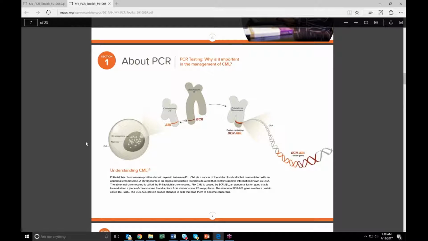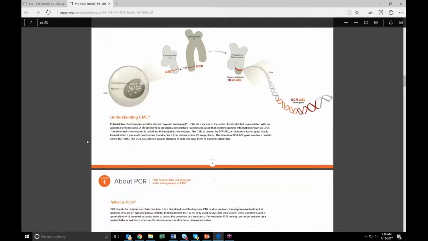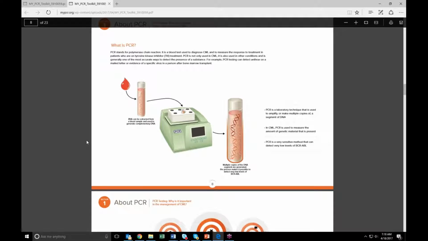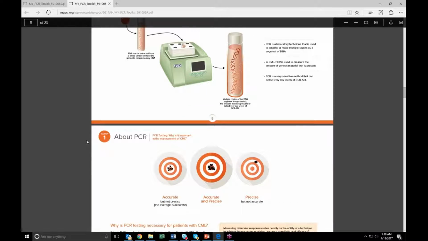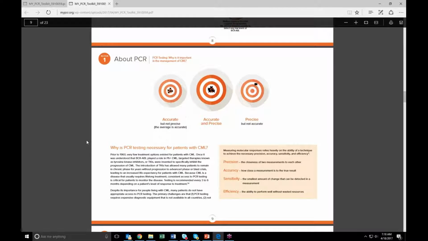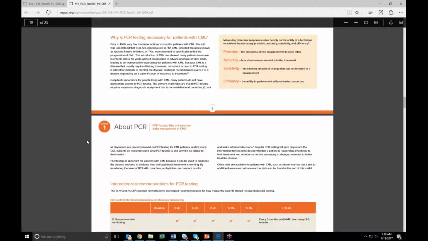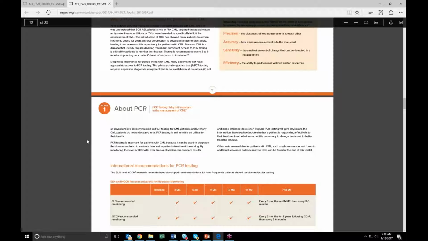The section on PCR is a very, very top line introduction to PCR, and that's because we recognize there's a lot of information already out there on PCR, and also on the MyPCR website, and it didn't make sense to reinvent the wheel by including more information in the toolkit.